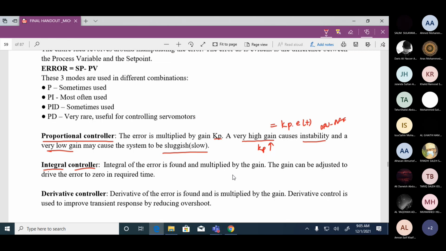So the advantage is that you make sure the desired value has been reached, which is not possible in proportional. So we take the integration of the error as well. We find the proportional output and add it to the integral output so that there is no error remaining in the system. Unless there is a disturbance, there should be no error.